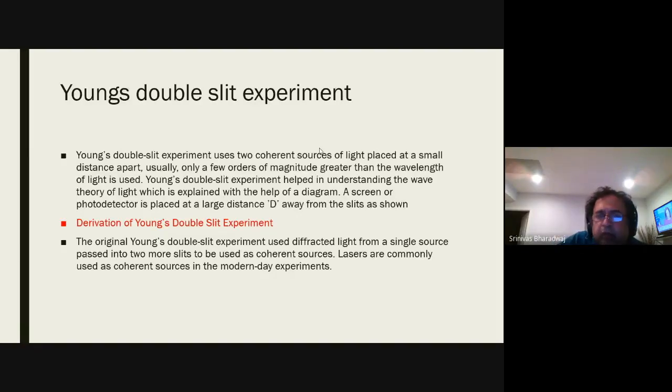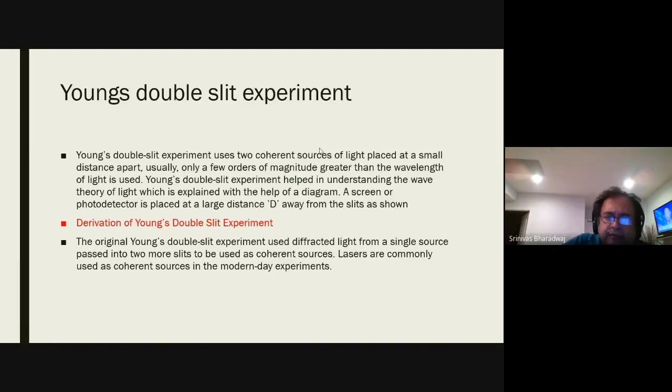Typically a coherent source is something like the laser. Laser stands for light amplification by stimulated emission of radiation. It is a material that, when a certain kind of electricity passes through it, emits a particular kind of light.